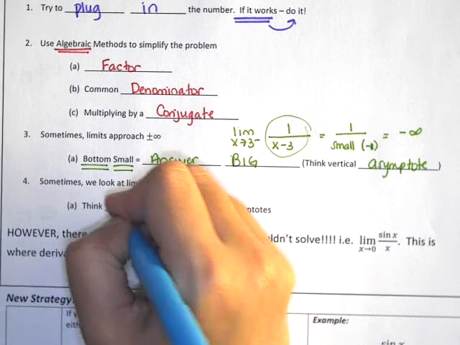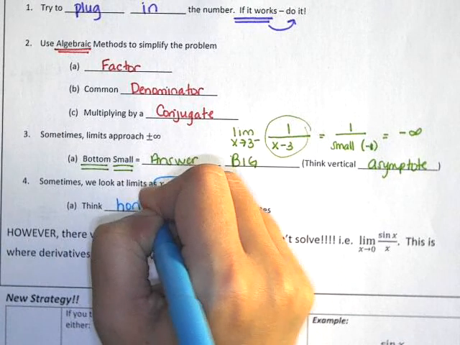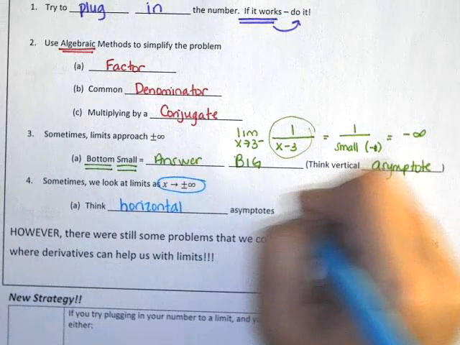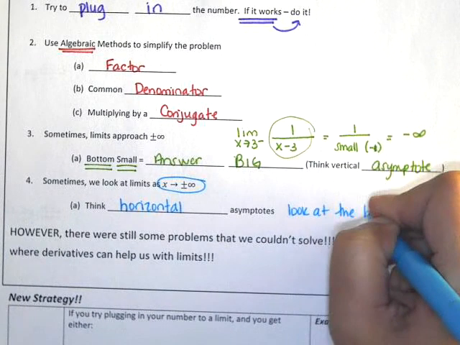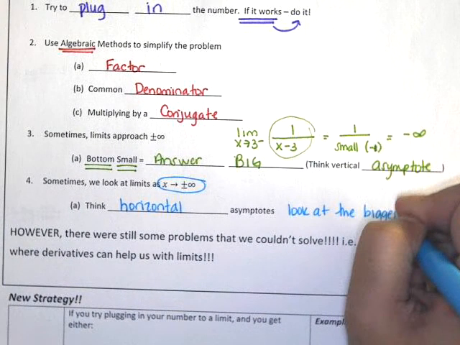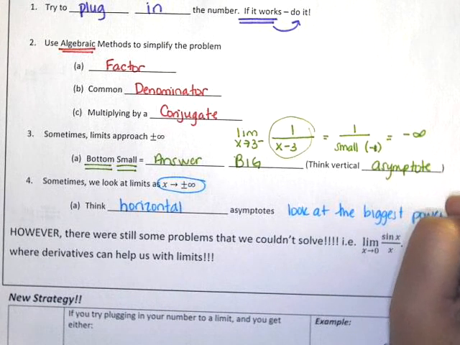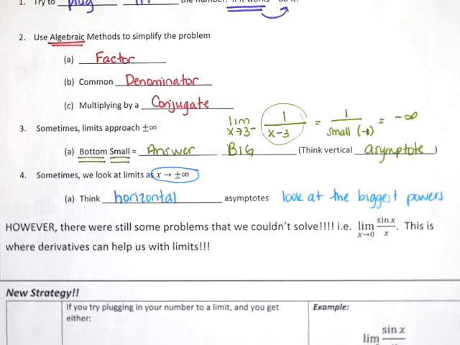And when that happens, we need to think about horizontal asymptotes. All we do is we look at the biggest powers on the top and the bottom of the fraction. We reduce that and we try to plug in infinity and see what happens. This is what we already know.